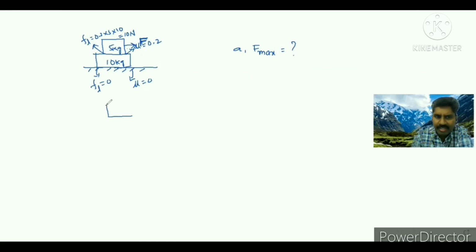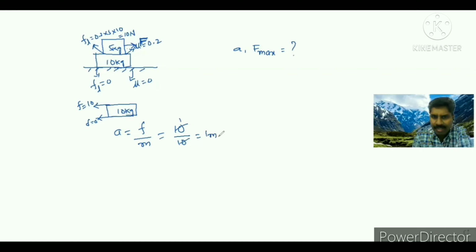Its frictional force is the limiting friction 10, and at the bottom 0, since no force is applied there. Now acceleration is equal to F by mass: the frictional force is only 10, the mass is 10, so we get 1 meter per second square. Both blocks' acceleration is 1 meter per second square.